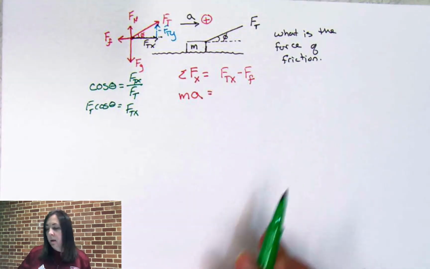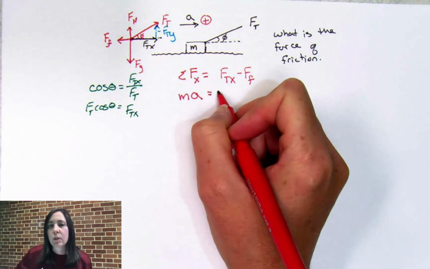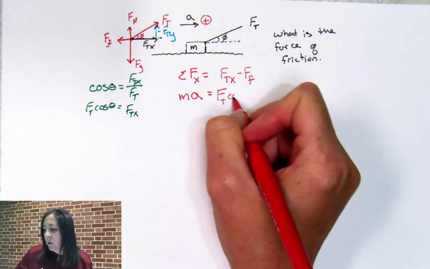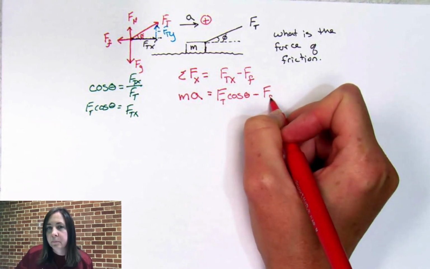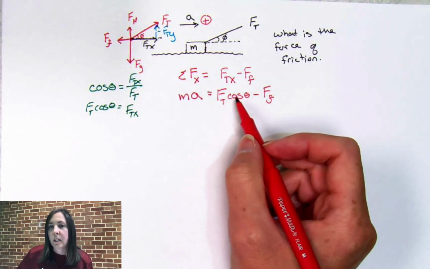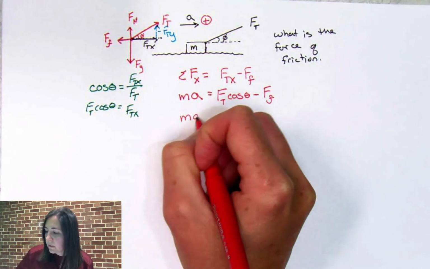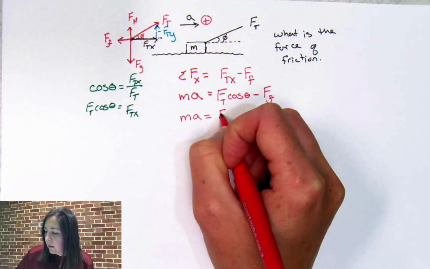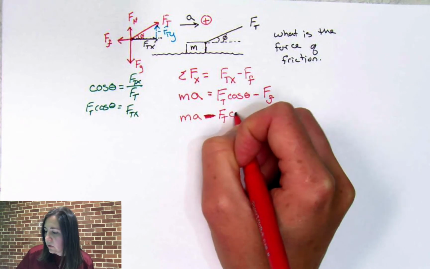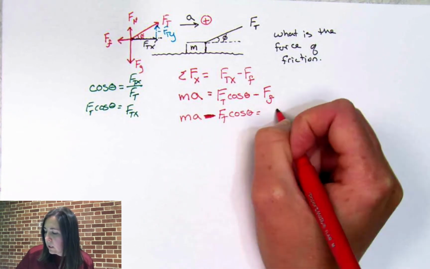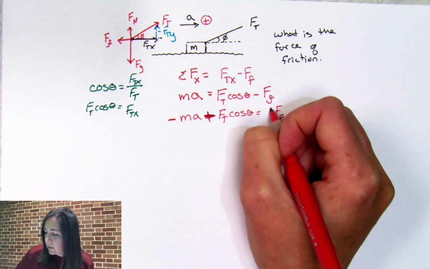Okay, so then I can just plug that in right here for the force of tension in the x direction, Ft cosine phi minus the force of friction, and then I can move this to the other side. So mass times acceleration equals the force of tension times cosine of phi minus the force of friction, and we'll just rearrange.